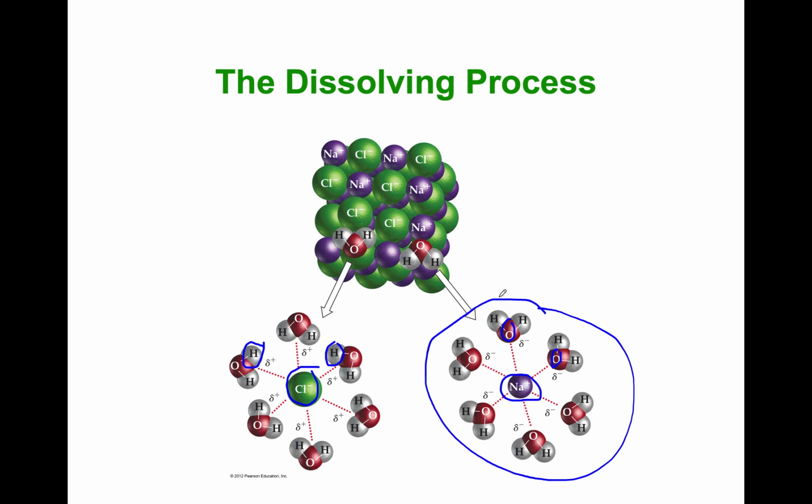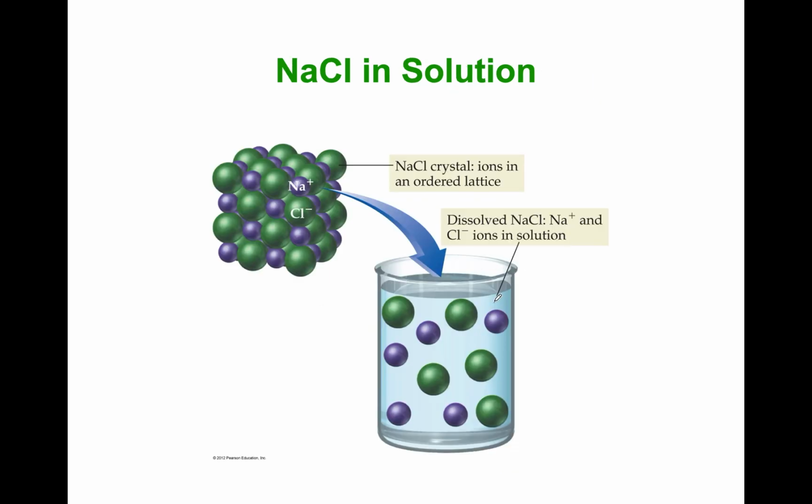So that's what happens when you add a solid that's an ionic compound that dissolves in water: it breaks up and is surrounded by water. So we've got free sodium ions, free chloride ions. It's not a precipitate.